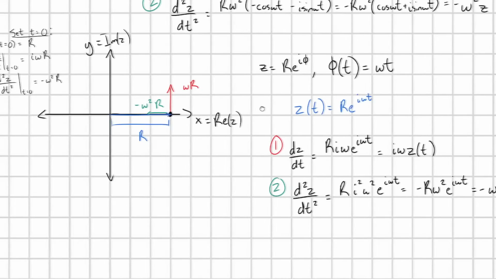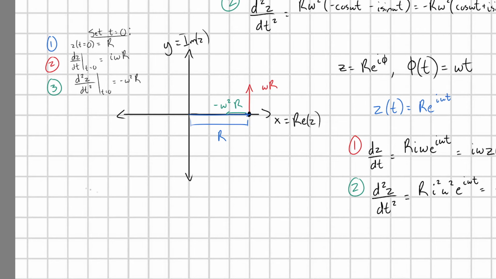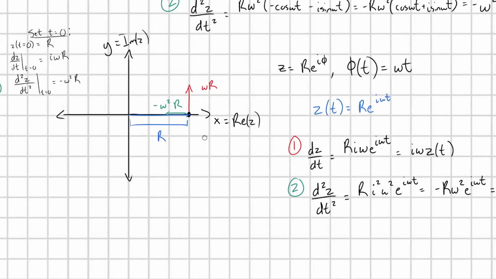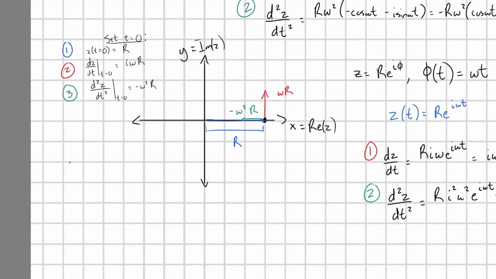But all that we really need to look at here is just the acceleration, because the acceleration is what really encodes the dynamics of the problem. So my acceleration, d squared z dt squared, at all times is minus omega squared times z.